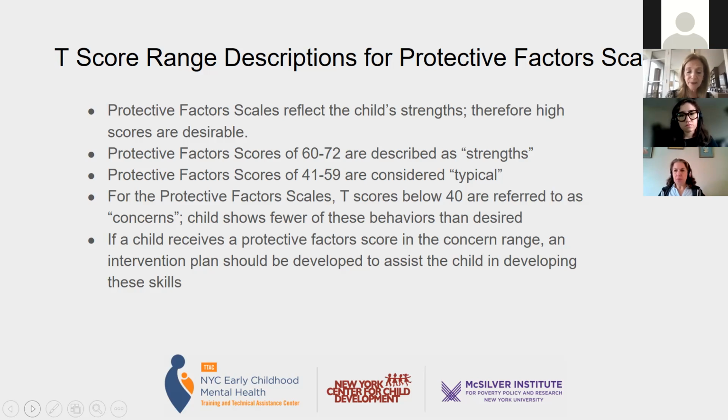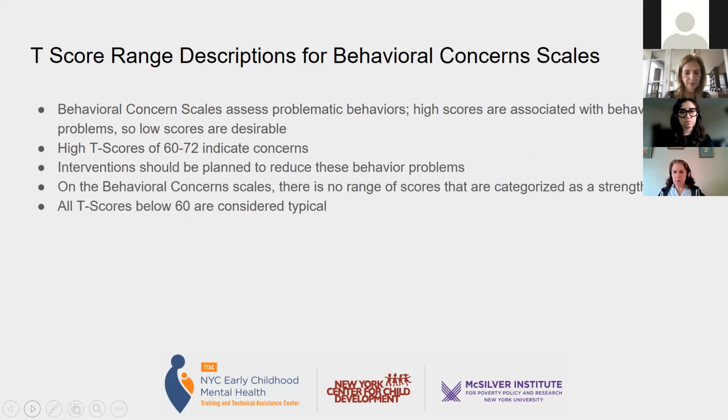For the protective factor scores, T-scores below 40 are referred to as concerns, because the child shows fewer of these protective behaviors than we would want. If a child receives a protective factor score in the concern range, we might want to be thinking about interventions that will help assist the child to develop those skills.